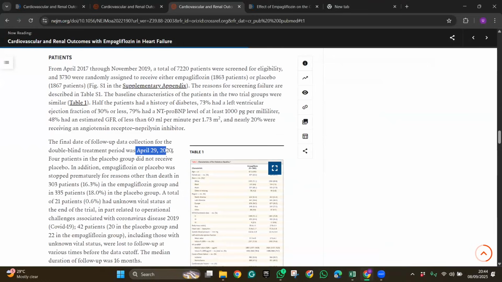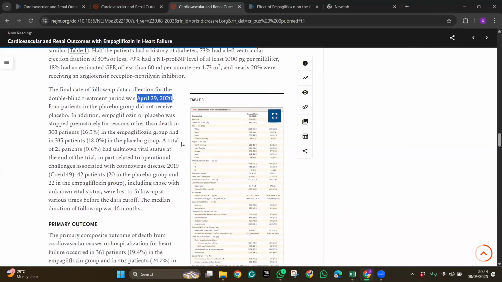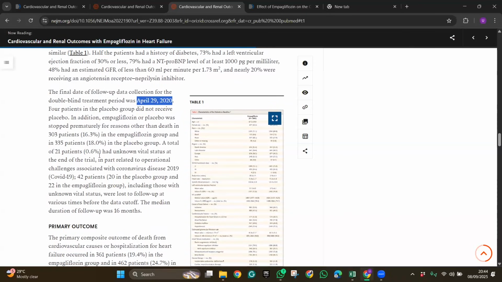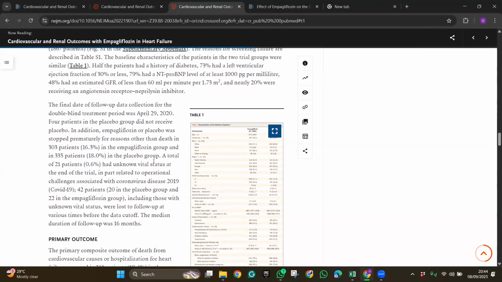And okay, so the study started in April 2017 and it was completed on April 29, 2020, right? So it took almost 4 years. So this is the whole duration time, the whole follow-up time. Wait. Yeah. Oh, you have also been given the follow-up time in the form of medians, right? The median duration of follow-up was 16 months, right?